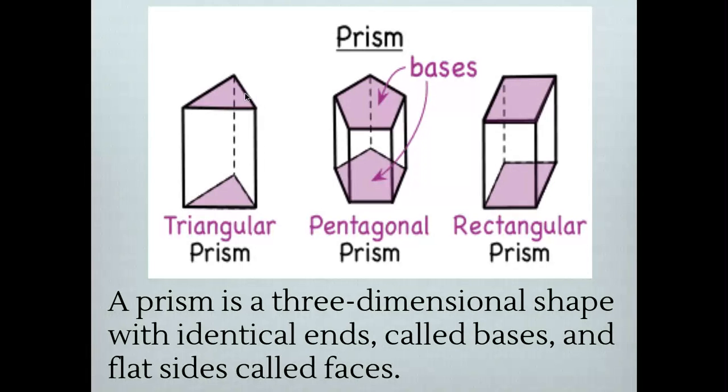So as you can see in this picture, the parts that are colored purple are the bases. These ends are identical. All other sides are called faces. So some examples of prisms are a triangular prism, a pentagonal prism, and a rectangular prism.